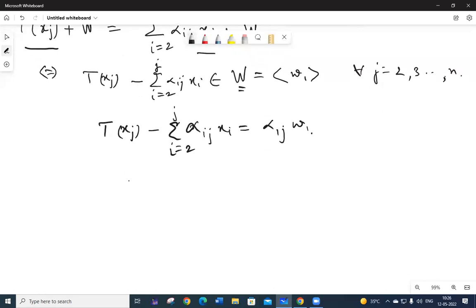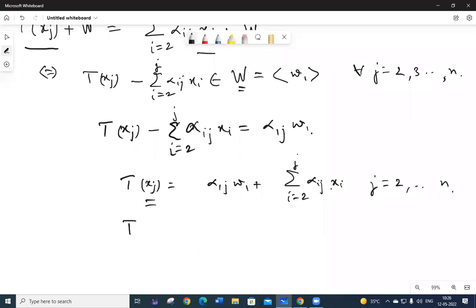And therefore, T of x_j is equal to alpha_1j W1 plus summation i ranging from 2 to j of alpha_ij x_i. Here j is now starting from 2 to n.